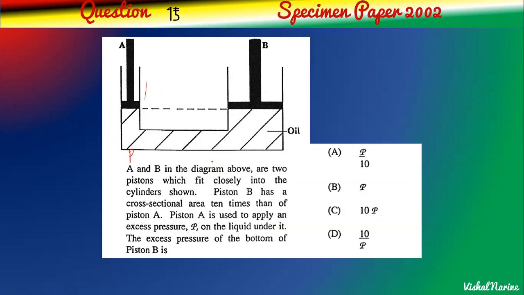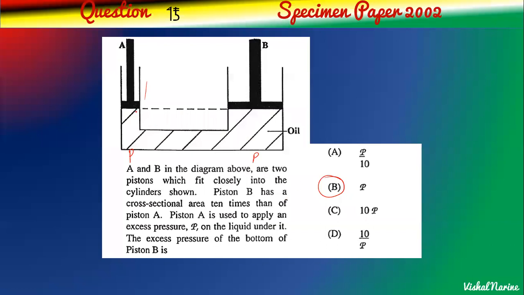Let me give you a set of information here. What you should know is simply that the pressure on this one side of the hydraulic system is equal to the pressure on the other side also. All right, so the answer there is P.